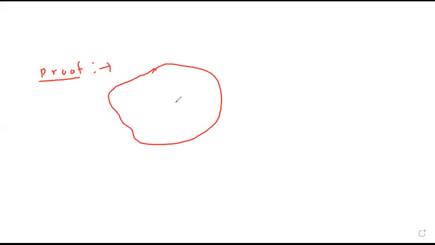Draw one closed surface, take charge plus Q, elemental area dA. P is a point on elemental area dA at distance r from charge. This E will be directed outward. Let area vector be along that normal n cap.